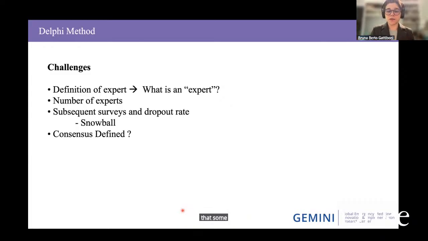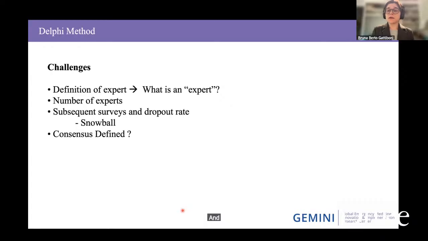Some research uses the time of experience, but we don't have a consensus on what an expert is. It's really hard to know, and this could change with each topic.